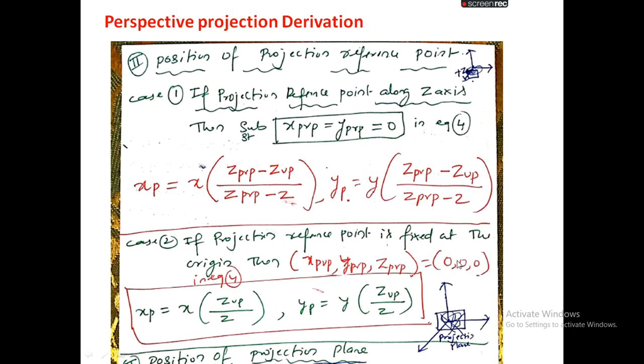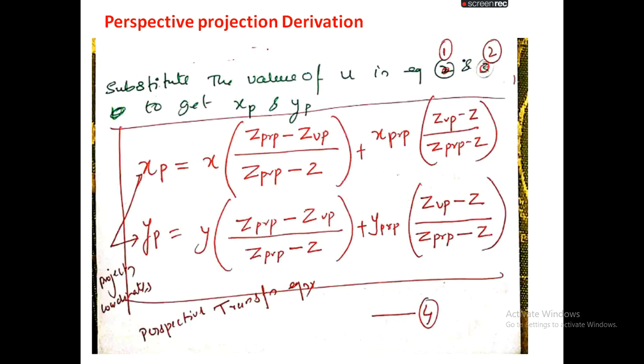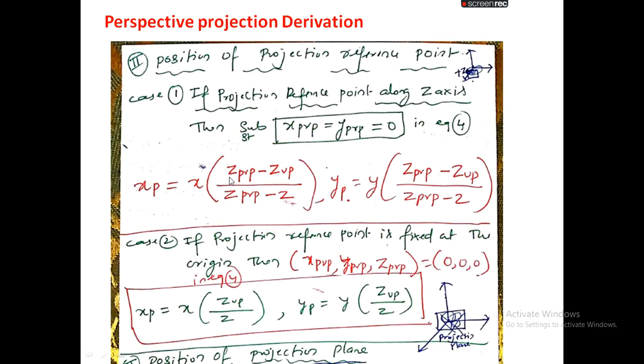All three values will become 0. Then substitute them in equation number 4.